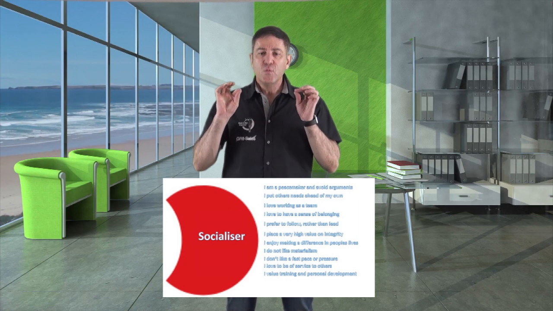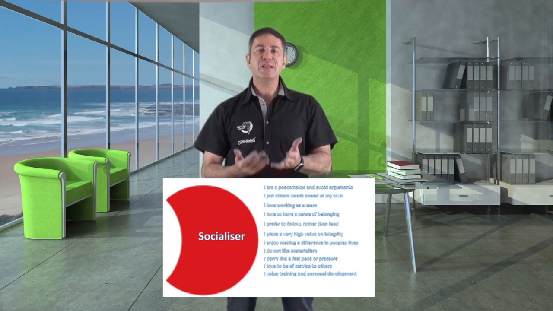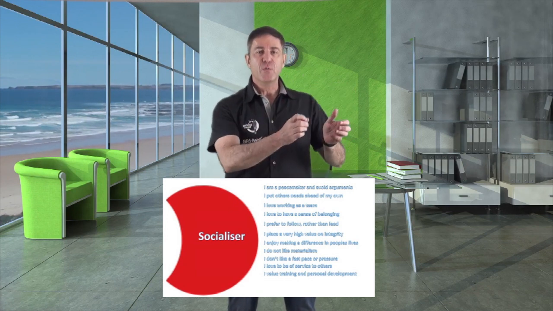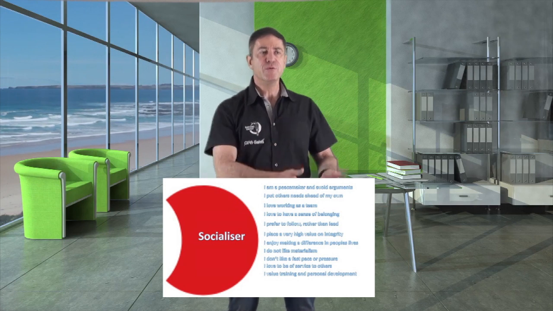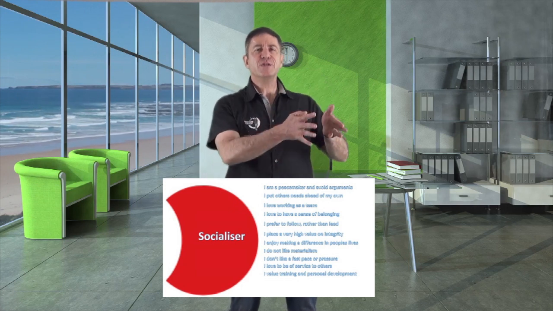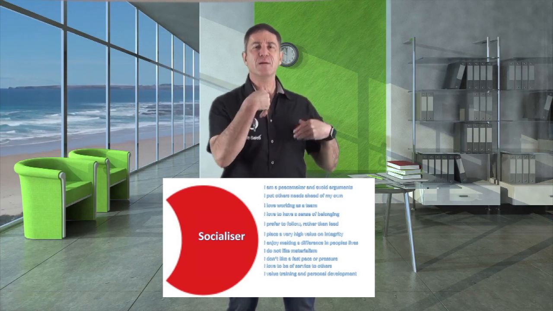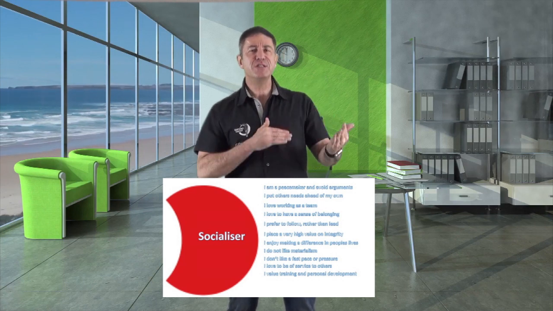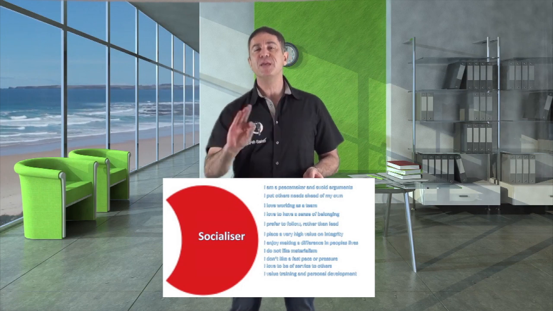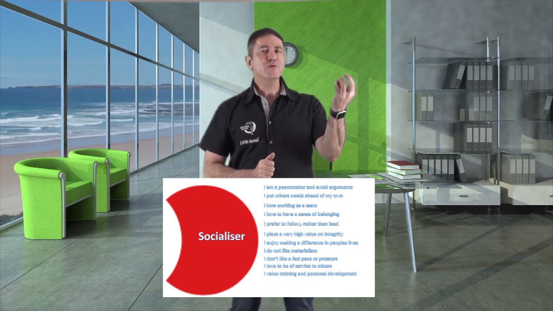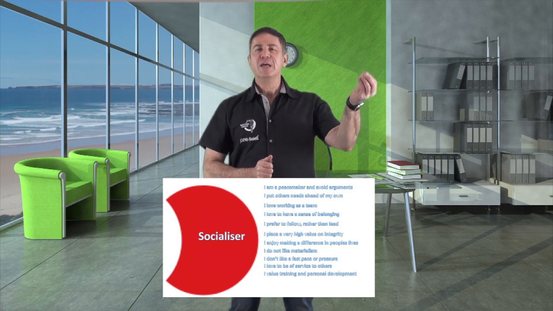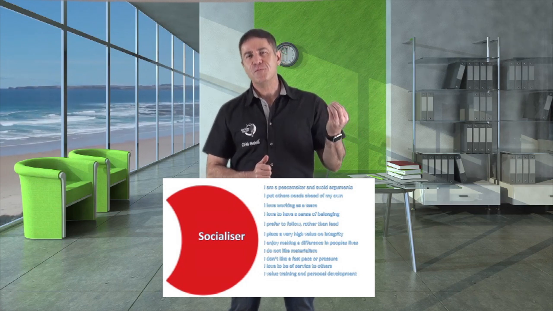When we're dealing with the socializer, we want to ask questions relating to people. What are your expectations around your team? What do you want for your people? What outcome? How would you like to improve the efficiency and effectiveness of your people? Because remember, for a socializer type personality, it's all about their people.